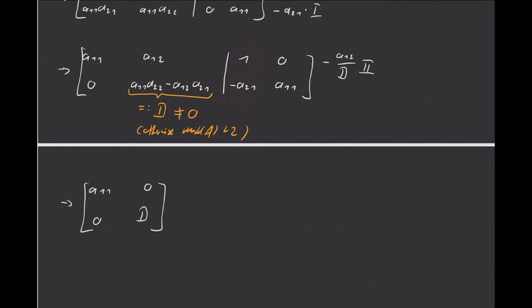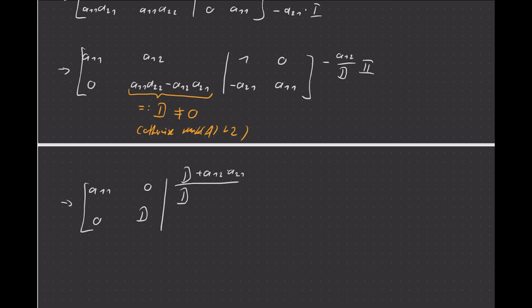And now that yields, so 1 is obviously D over D. So we have D over D. And we subtract minus A12 times minus A21. So that means we add A12 times A21 over D. So this is the result in this position here.